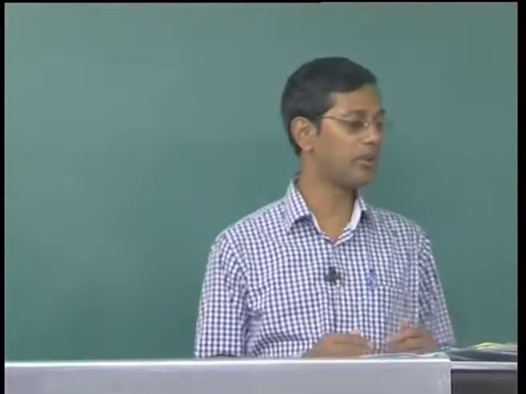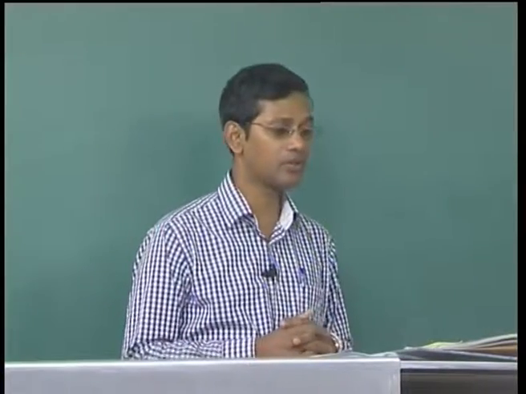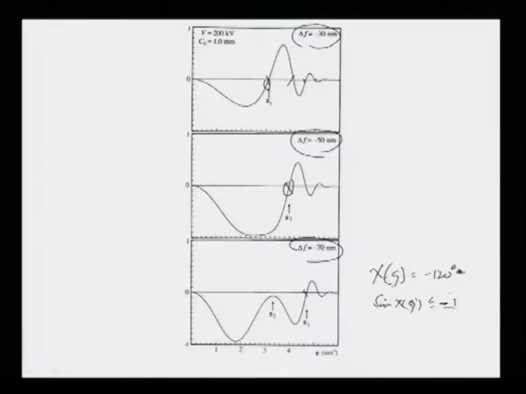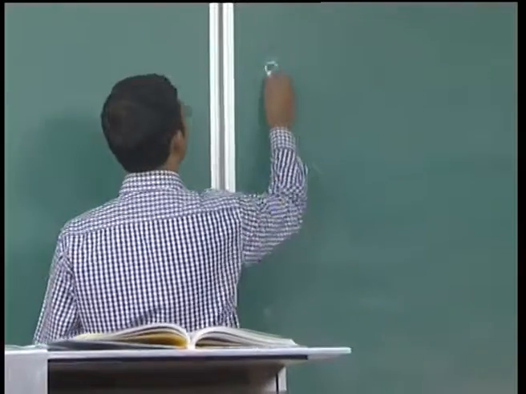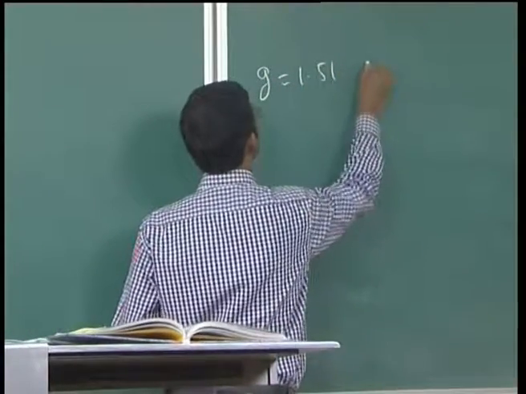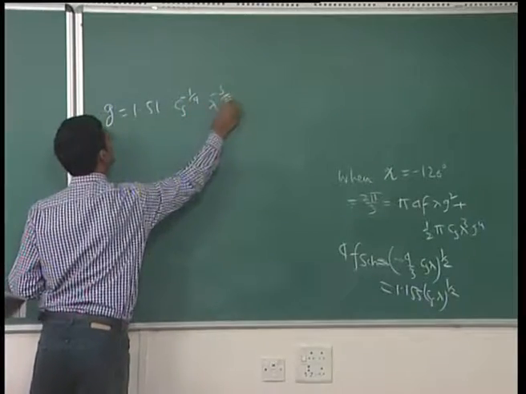Now, obviously one can go ahead to the next step. The first crossover is given by this, and the next crossover can also be calculated; it comes at a particular g value, given by 1.51 Cs to the power minus 1 by 4 lambda to the power minus 3 by 4.